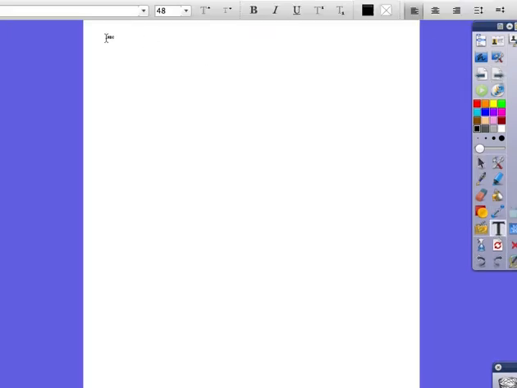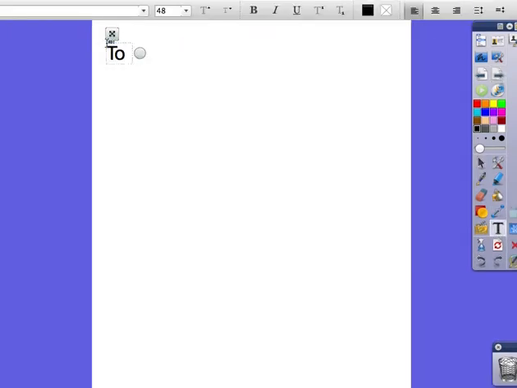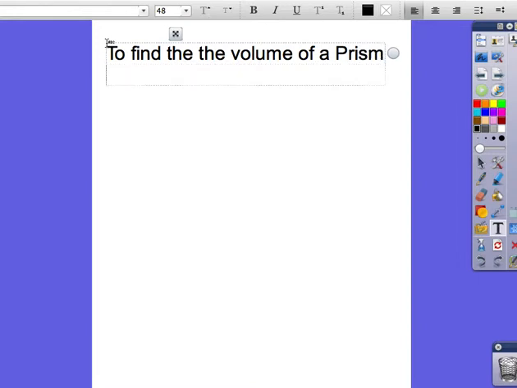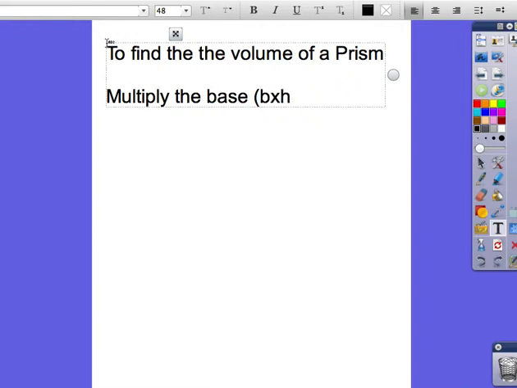Reviewing our big ideas today, to find the volume of a prism, multiply the base, which is typically base times height, or if it's a triangle, it is half times base times height, times the height.